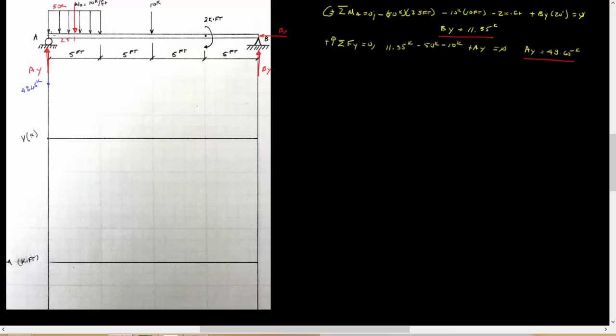This distributed load is pushing on this beam the entire time at 10 kip per foot. So knowing that, I'm going to be dropping diagonally, because it's pushing on there, down to here at this point.